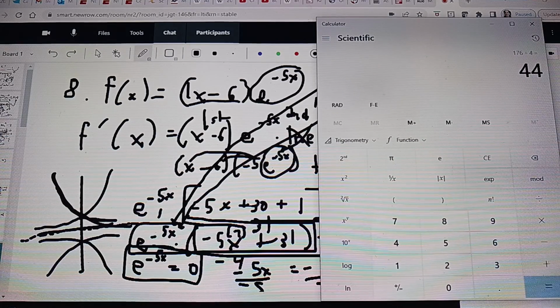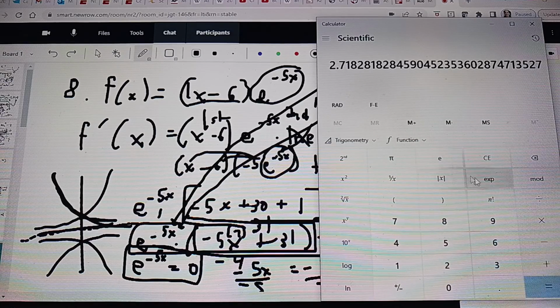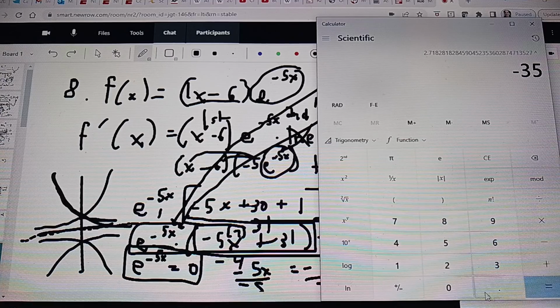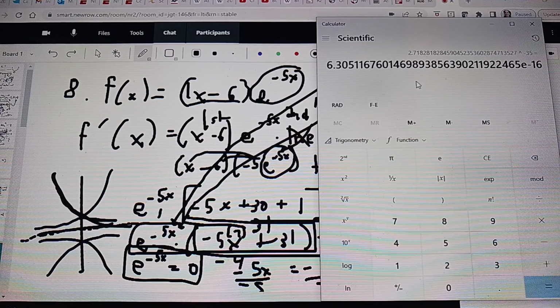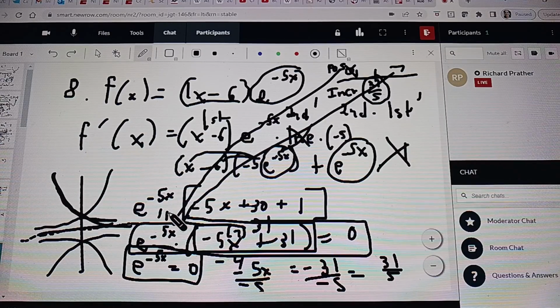Negative exponents have nothing to do with negative numbers. E raised to the negative 35th power just makes it 1 over. So this is a positive answer. Positive times negative is negative. So this portion is negative.